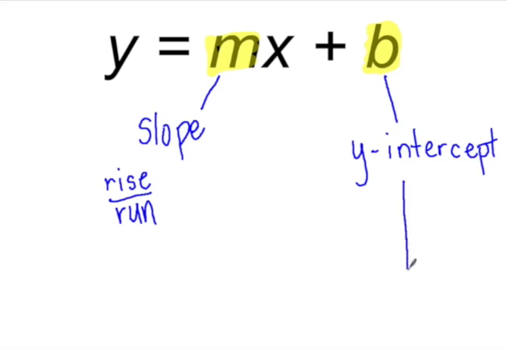So if we think about a coordinate plane with an x and a y-axis, the y-axis is the vertical one. So when we graph a line, it will cross that y-axis at a specific point. So where that line crosses the y-axis, that point is the y-intercept.